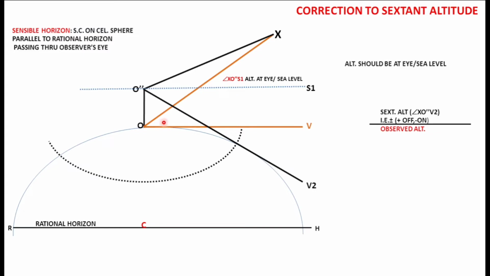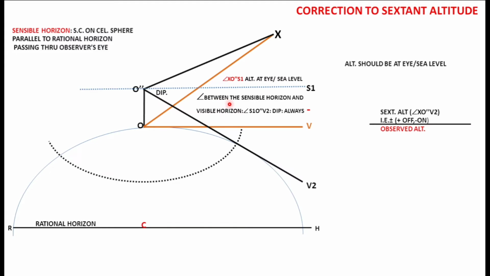And you can see here, this angle is definitely bigger than this angle at sea level. Observed is XO'B2, but it should have been XO'S1 or XOB. So this angle and this angle O' here are equal, and that is greater by the amount we call dip.